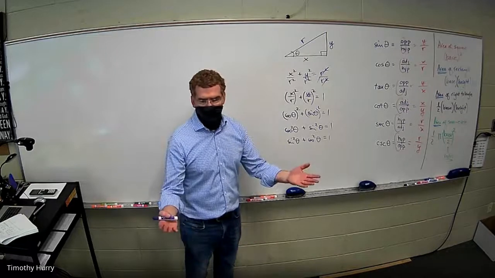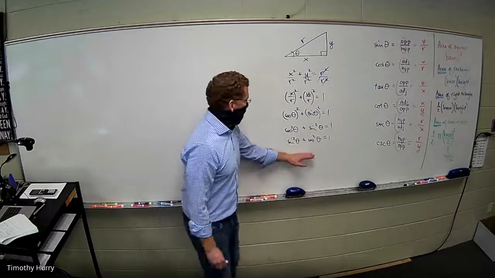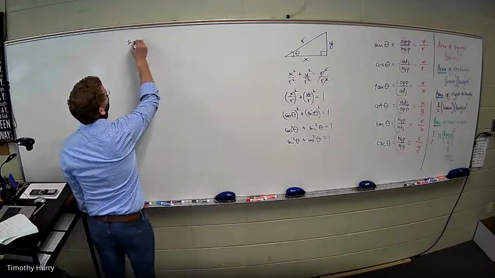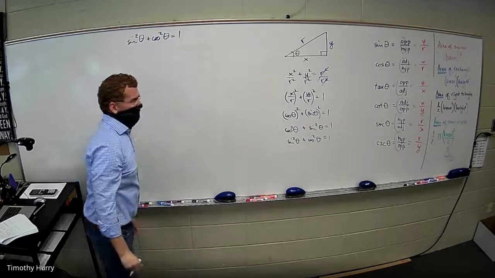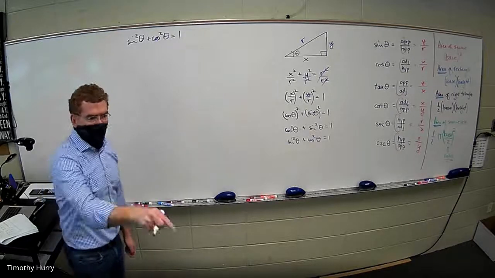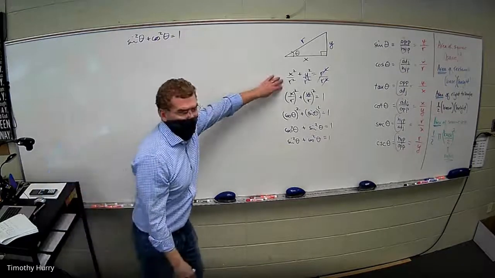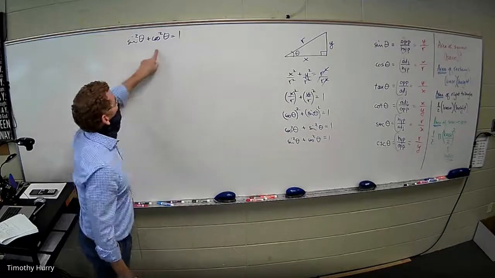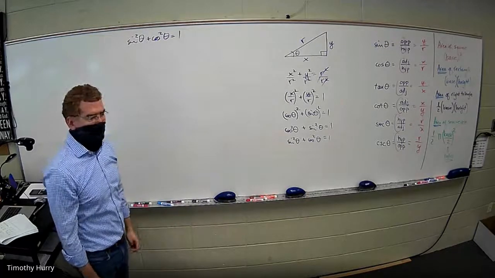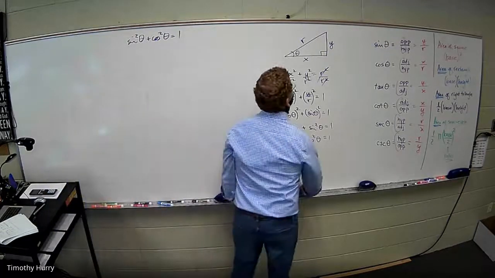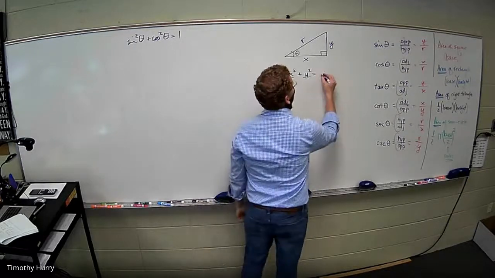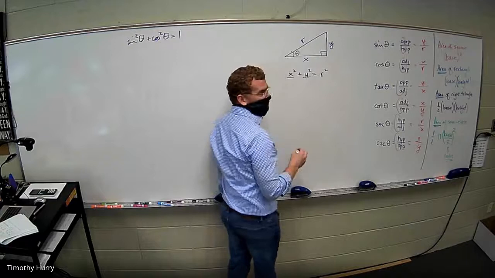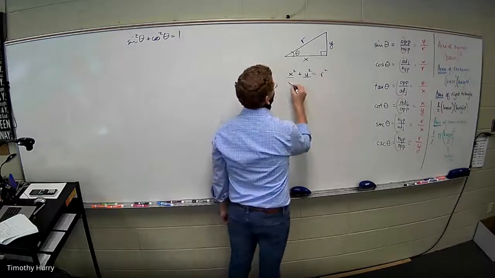Not too bad? Now, I'm going to write this down. Four minutes. What if, and I could do it from here, but I'm going to go back to here. What if instead of dividing by r squared, I divided by x squared?